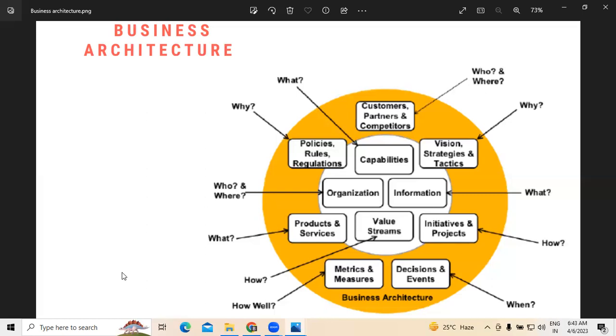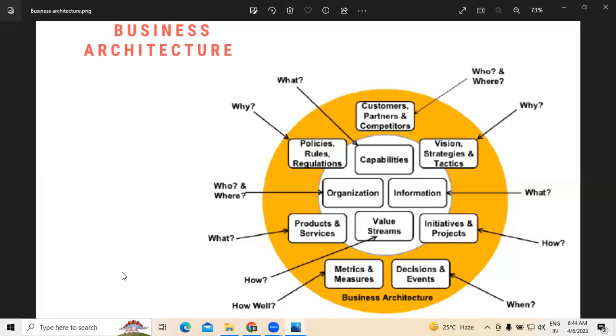So let's not get into that. Of course, I'll explain what exactly it is, but that detailing is not needed. But knowing about business architecture is essentially important, to know the kind of policies, rules, and regulations that were needed. At the same time, what are the capabilities of the business? This is what we call business capability.